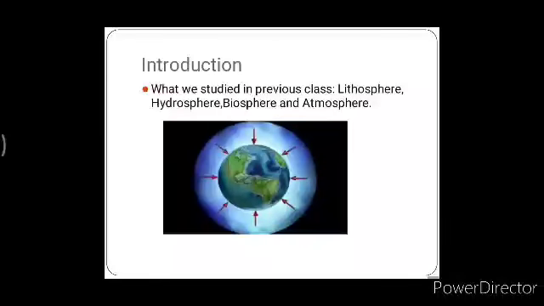So this was also associated with lithosphere. So in class 6 and in class 7, whatever we studied was a part of lithosphere. Now we'll move to the next sphere, that is called atmosphere.